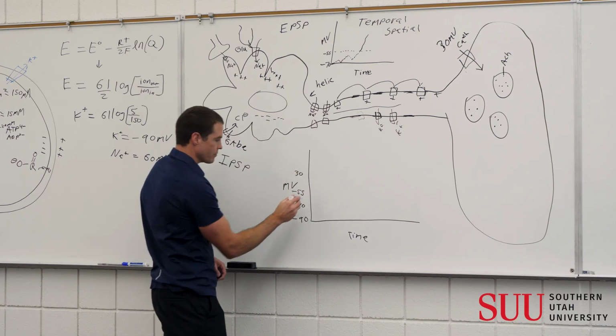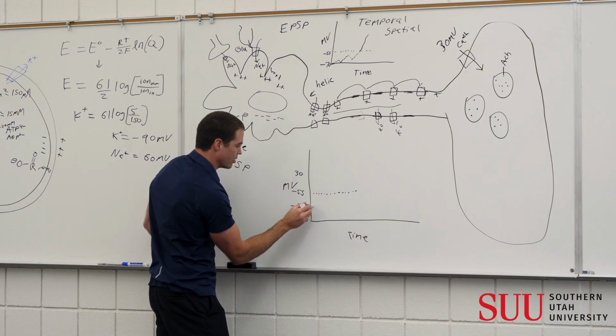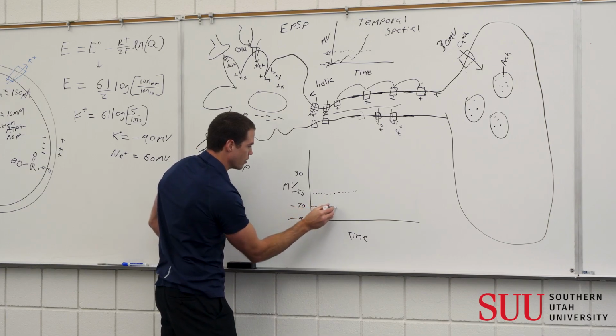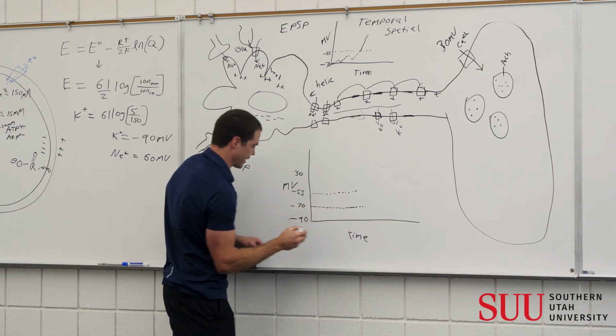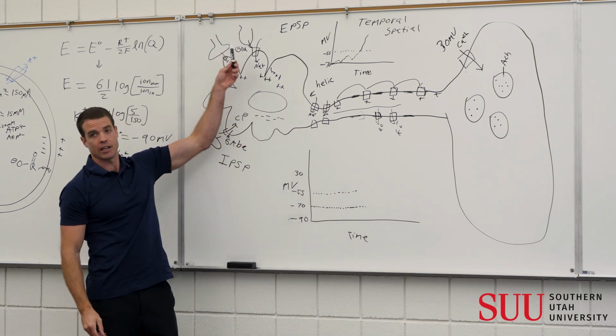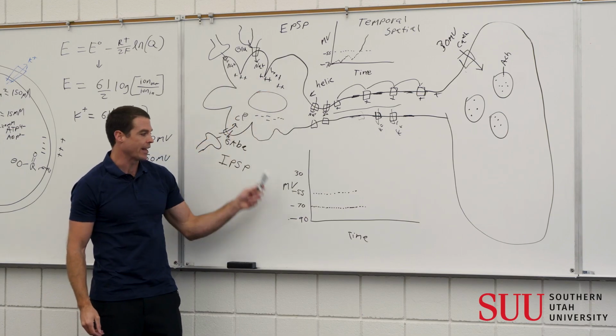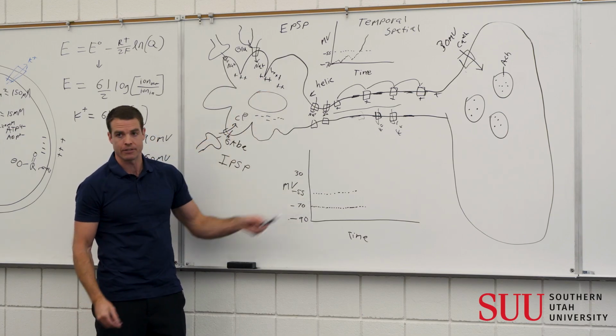And then again, this is our threshold, and this is our resting membrane potential at negative 70 millivolts. So when we get enough EPSPs to induce an action potential, it has to reach that negative 55 millivolts.